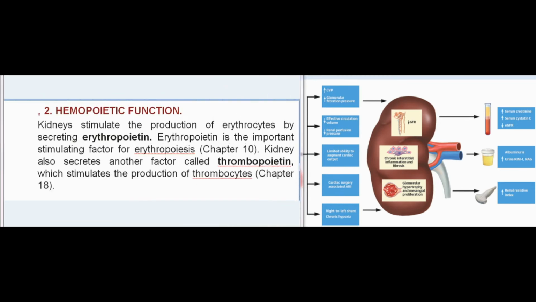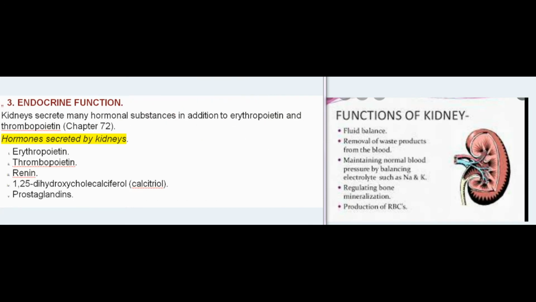2. Hemopoietic function. Kidneys stimulate the production of erythrocytes by secreting erythropoietin. Erythropoietin is the important stimulating factor for erythropoiesis, Chapter 10. Kidney also secretes another factor called thrombopoietin, which stimulates the production of thrombocytes, Chapter 18. 3.